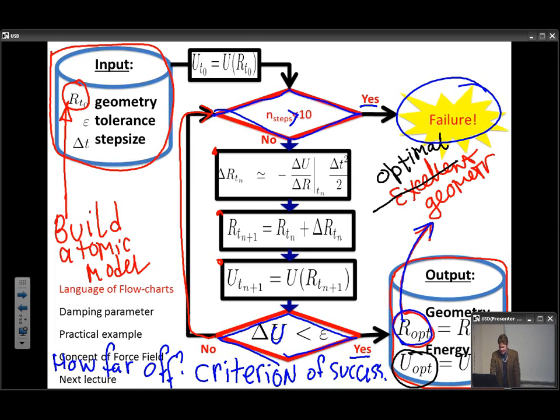So finally we get to the actual procedure. What do we do here? At the very beginning, we should have the value of the potential energy surface where we start. And then we find the vector of motion.